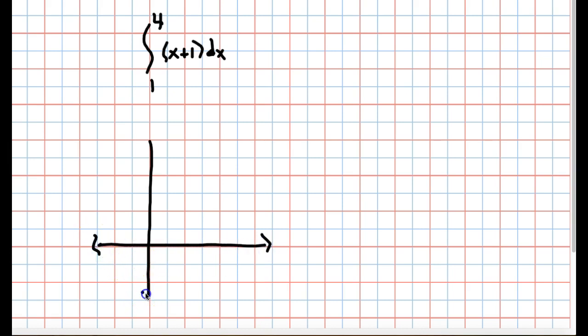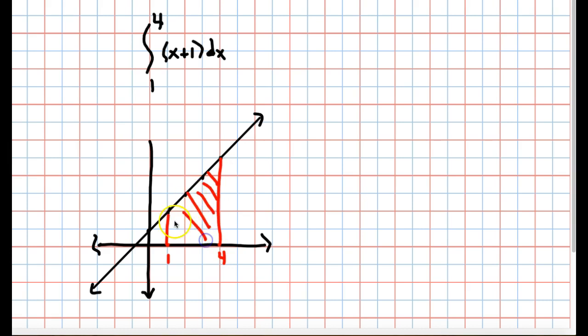We know that this line has a y-intercept of 1 and a slope of 1. So my line will look something like that. And now I want the area under this curve from 1 to 4. So from here, 2, 3, 4 to here. And so this area under the curve.